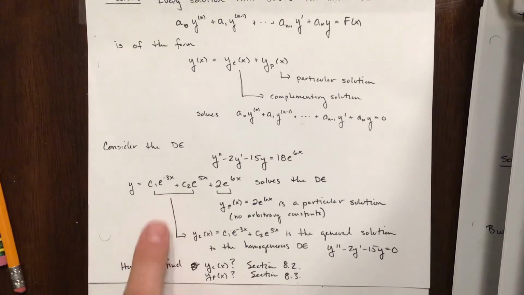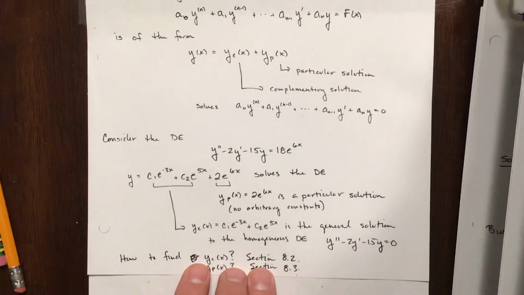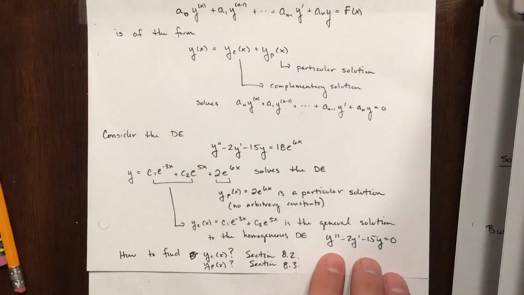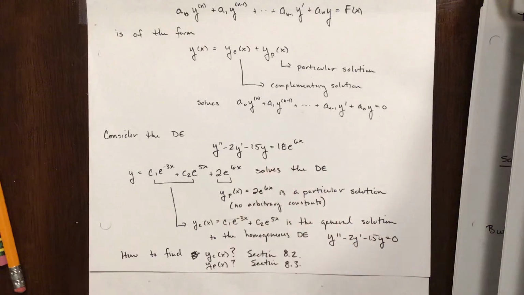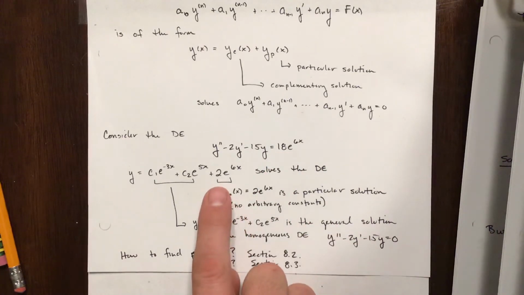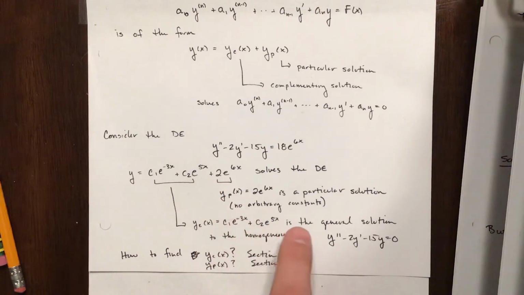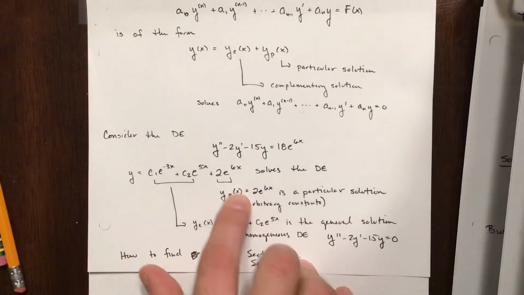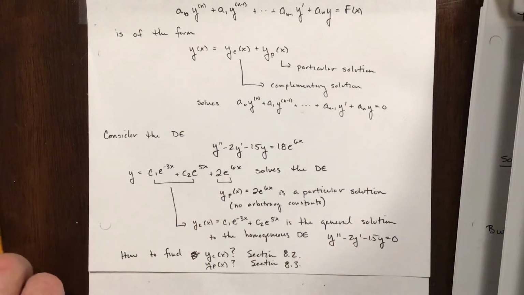Now what's underlined here is going to be the solution to the homogeneous differential equation y double prime minus 2y prime minus 15y equals 0. Not 18e to the 6x, but 0. And the particular solution, 2e to the 6x, is the last half of the solution to the differential equation.